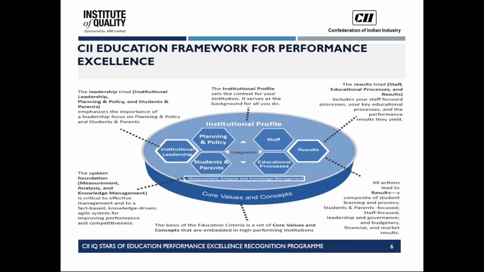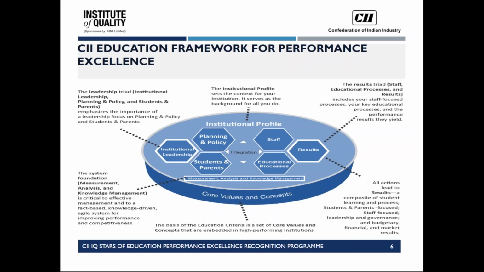Those categories, highlighted in the figure, are institutional leadership, planning and policy, students and parents, staff, educational processes, and the results. Now the word integration, which is at the center of the figure, shows that all the elements of the system are interrelated.